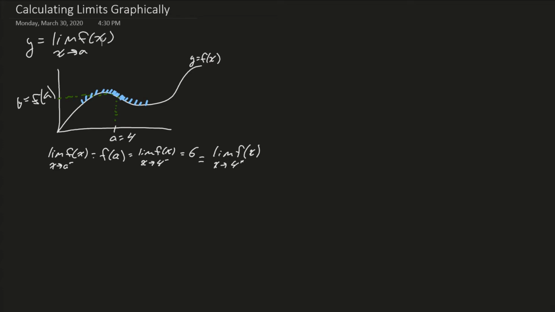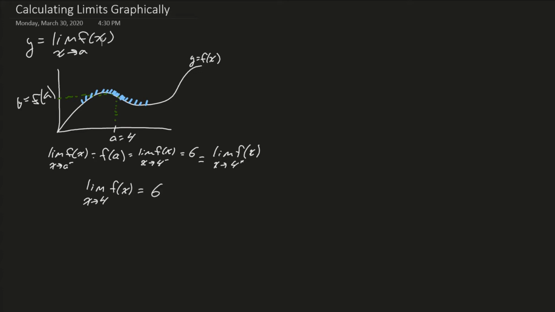So perfect. What this means for us then is because the left-hand limit and the right-hand limit are equivalent and they're both heading into 6, we can be 100% confident that the limit overall as x approaches 4, with no plus, no minus, the general limit as x approaches 4 of f of x is going to be equal to 6.